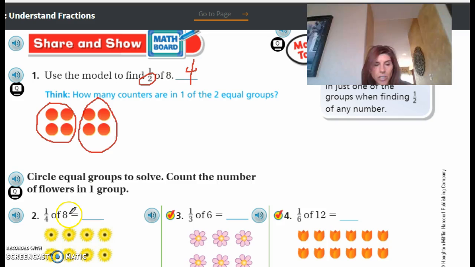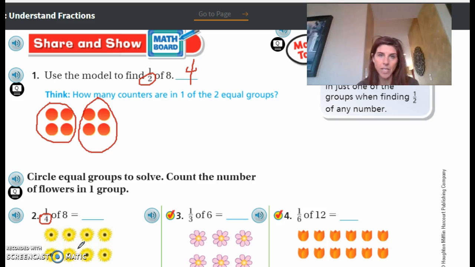So we're going to go ahead and look at these groups down here. They already have written out here for you. So what we're looking for is 1/4 of 8. They already have the 8 flowers: 1, 2, 3, 4, 5, 6, 7, 8. They want to know what's 1/4 of the 8 flowers. So what we need to do is make 4 equal groups. We have to divide these up into 4 equal groups.